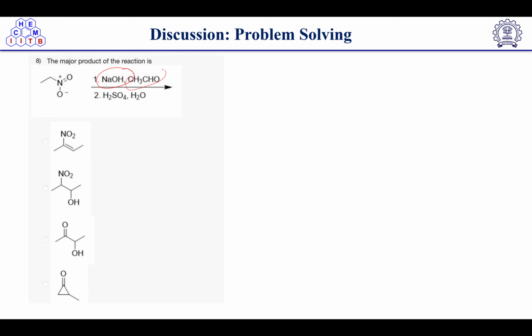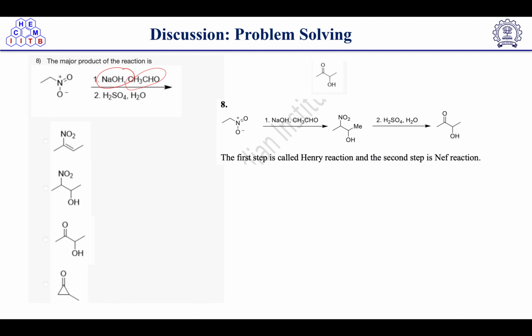And the other reactant is an aldehyde, acetaldehyde. Got it? So what will happen? The proton abstraction will take place from this carbon, and the negative charge will come over here. It will attack on acetaldehyde.